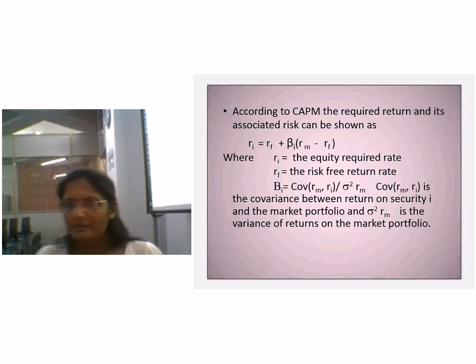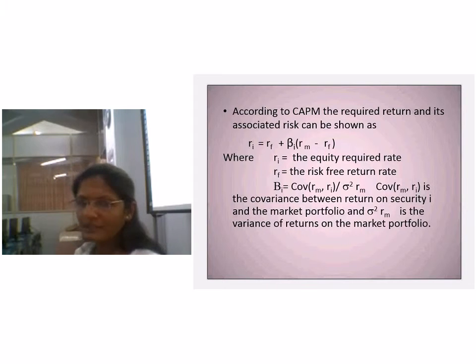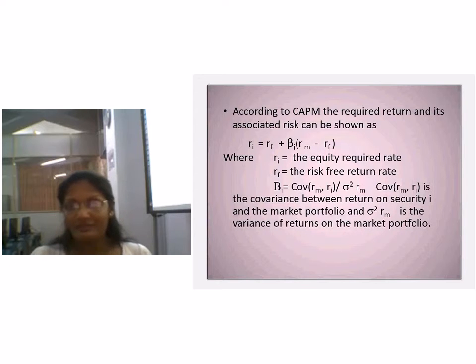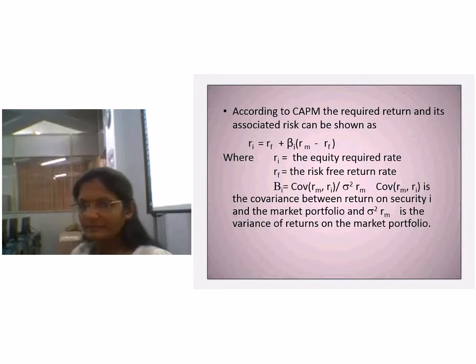It is very difficult to calculate the right systematic risk faced by the multinational company, but still we have to consider actual scenarios and actual data and calculate it as accurately as possible, right?